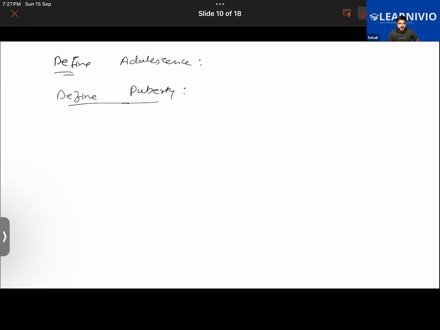Good. Okay, Gauri, you define puberty. Puberty is the period of time in life when animals and humans are capable of reproduction. Good.